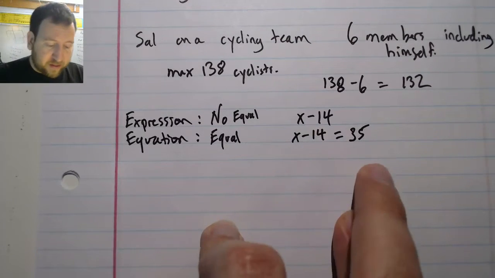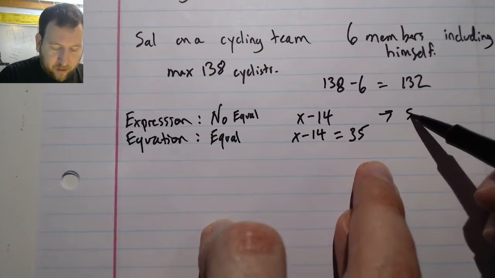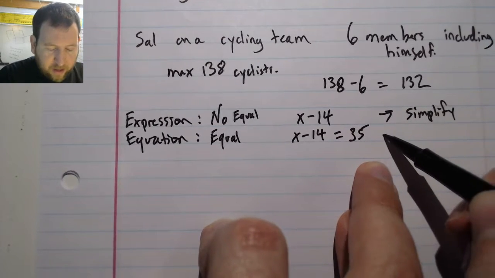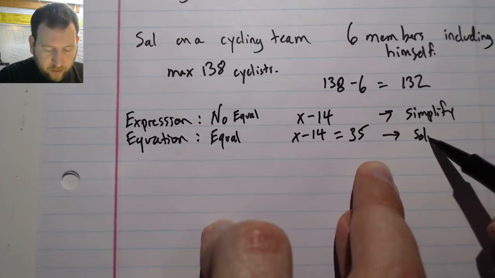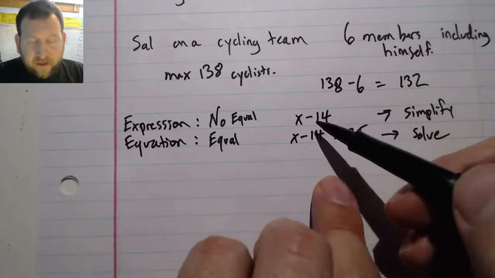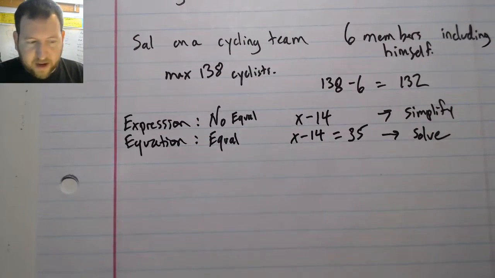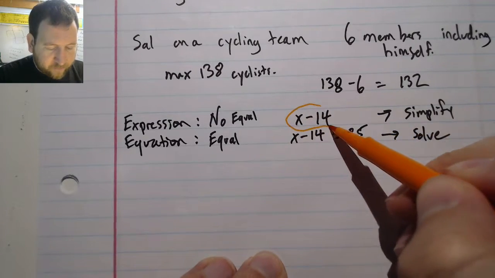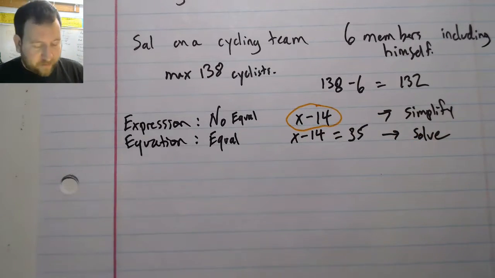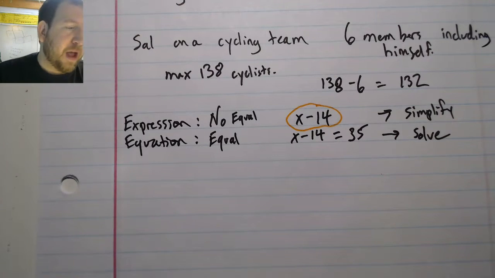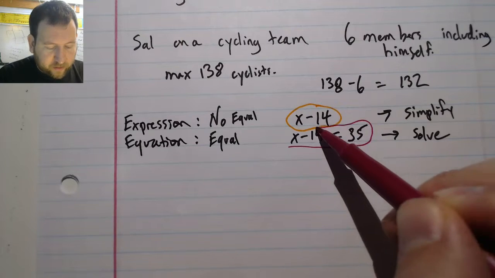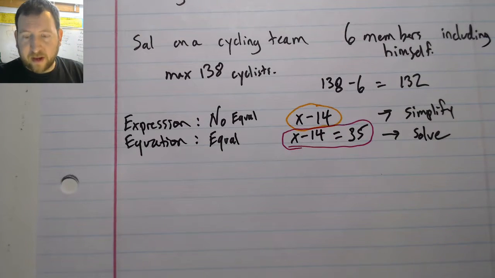All we can do is simplify. We simplify expressions, and equations we solve. Because I can't figure out what x is when it's x minus 14 for this one here, because I don't have enough information to do that. However, I can solve this one, x minus 14 equals 35. I can come up with an answer.